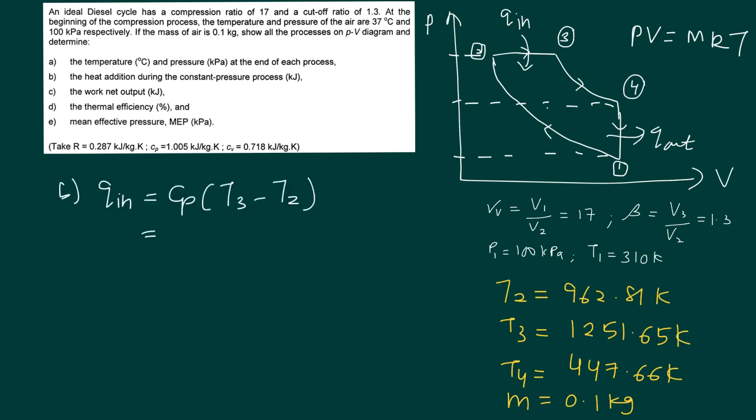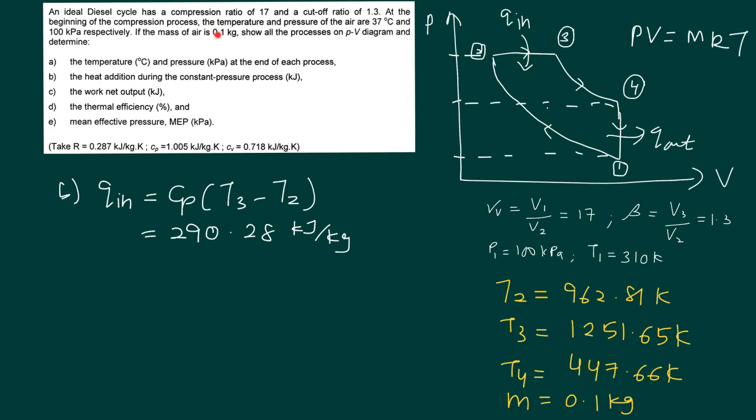So Q in, the process is happening at constant pressure, right? In between 3 and 2. So you make use of this equation. Finally, you will get your Q in is equal to 290.28 kilojoule per kg. Now the question is asking you in kilojoule, right?